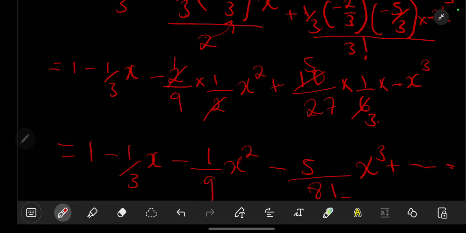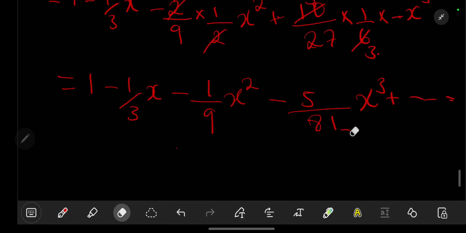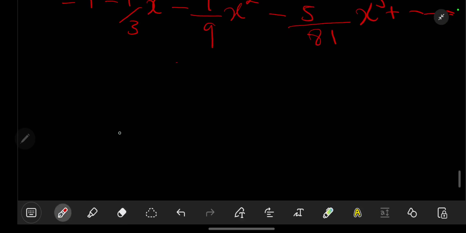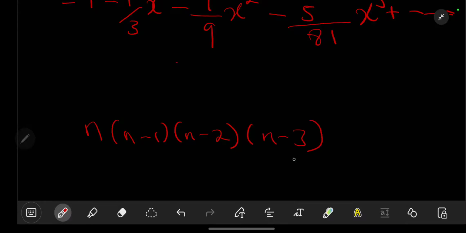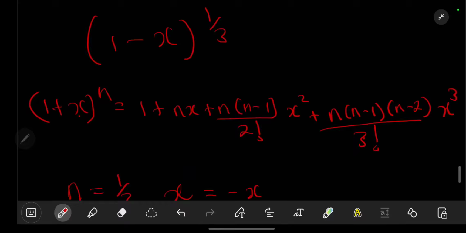So you can expand this to an infinite value. It continues to go like that. So unless you are told to expand 1, 2, 3, 4, 5 terms, you can continue with the 5 terms. So for 5 terms, maybe the only challenge would be where the next term would be n minus 1, n minus 2, n minus 3, like that, over the 4 factorial. So you can see the pattern of how things are moving.